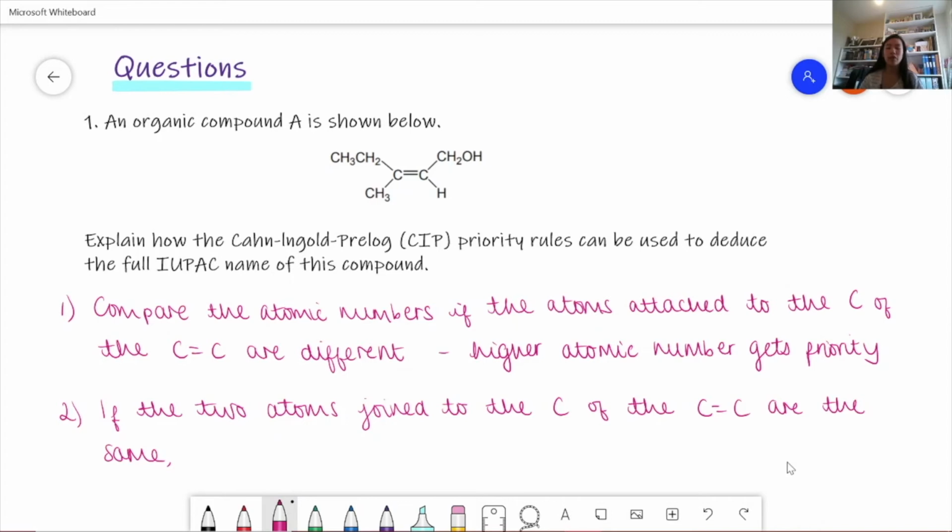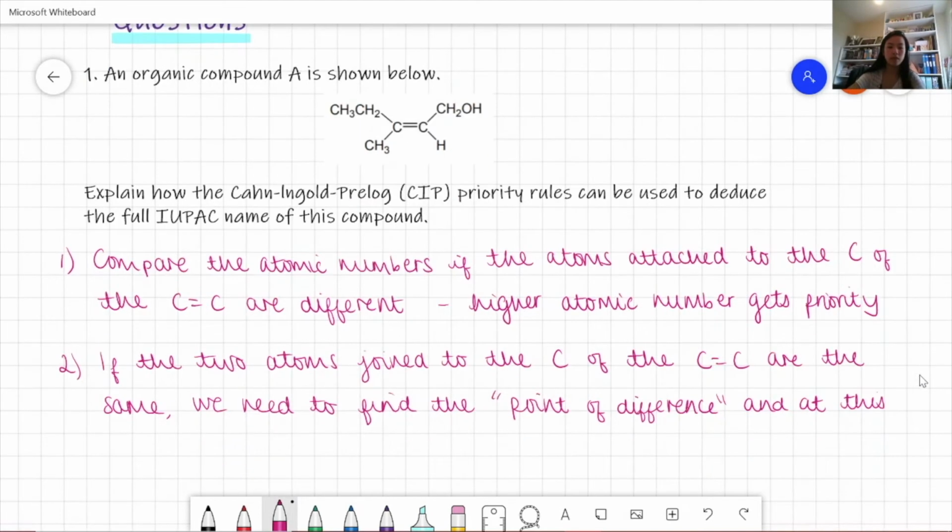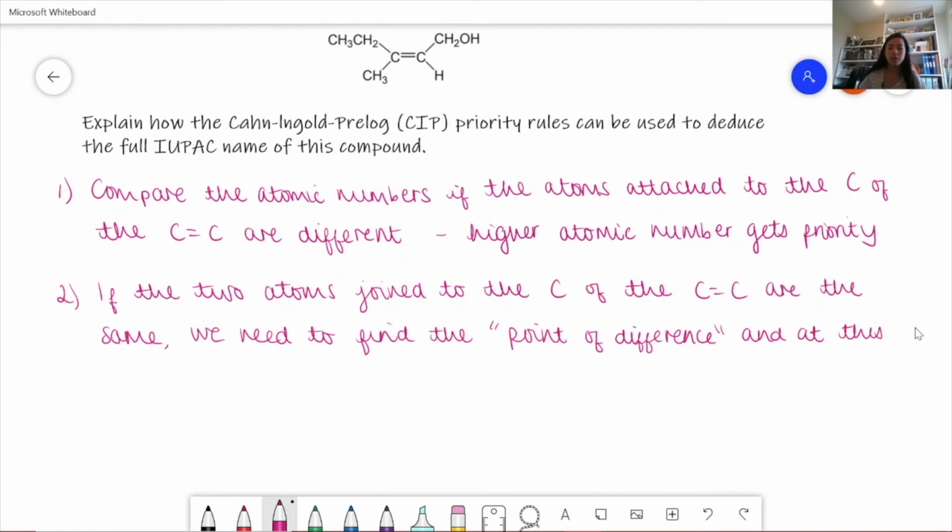And then at the point of difference, we need to see which one has the higher atomic number. So the higher atomic number gets priority.